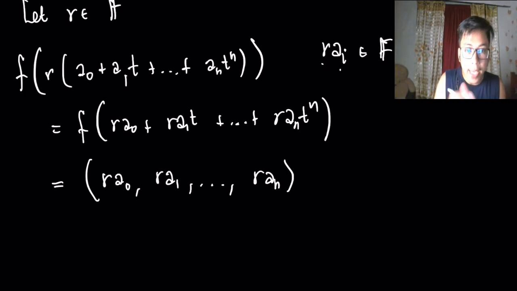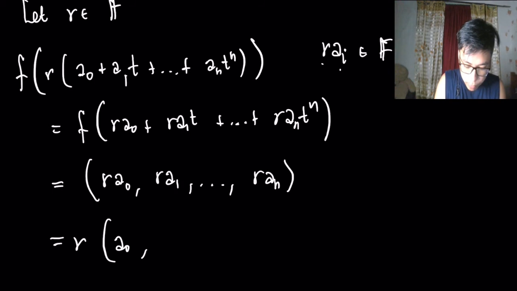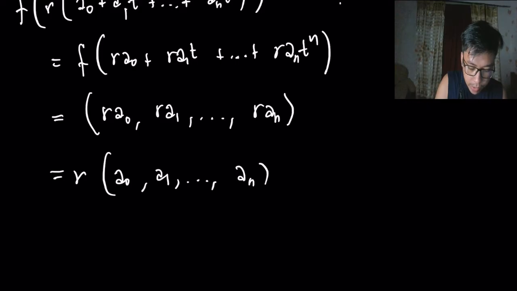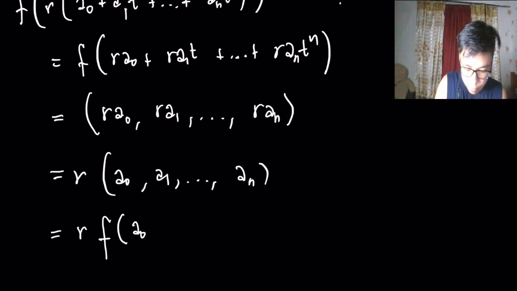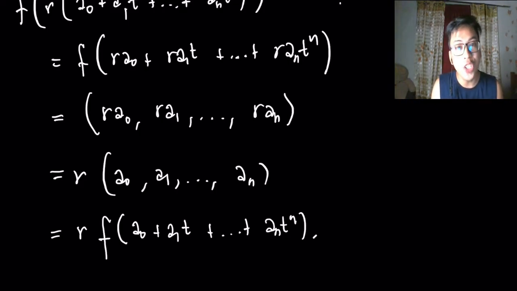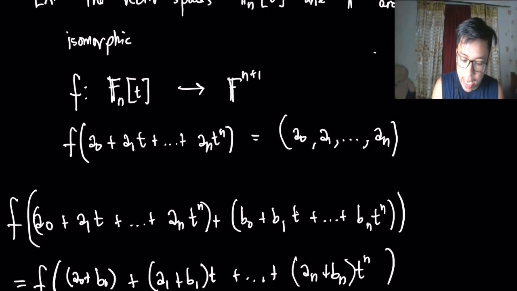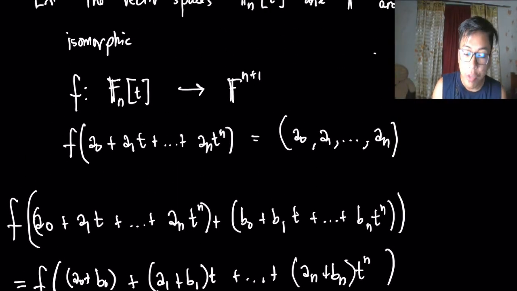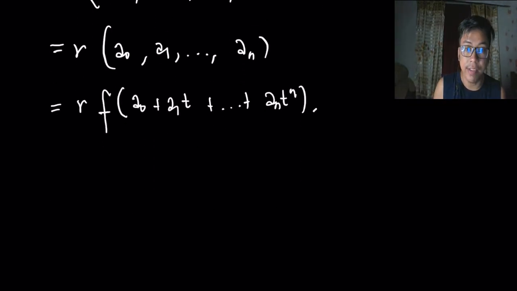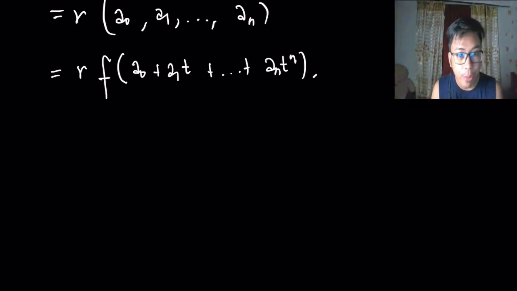And I can extract r from this, and so this is r times f of the element here. So condition 2 is satisfied, meaning that your f here is a linear transformation. So the next problem that we're going to tackle is: is this a monomorphism?